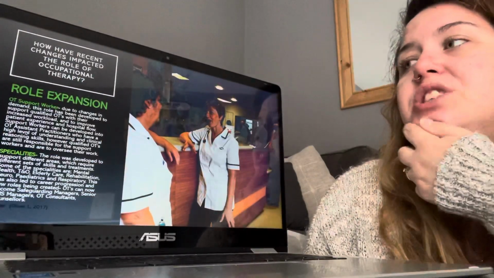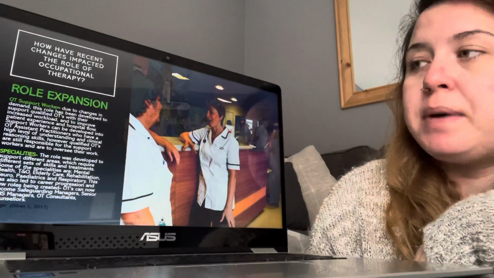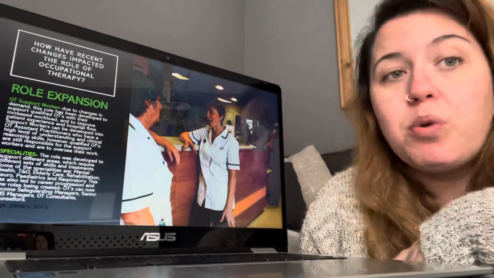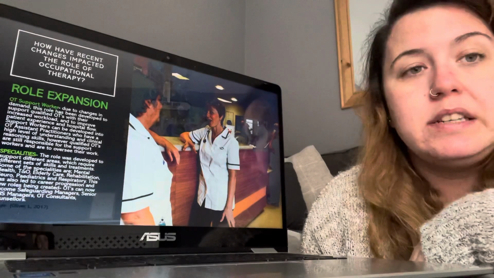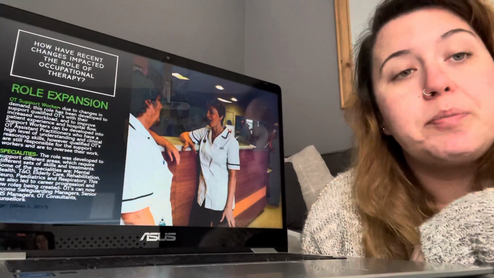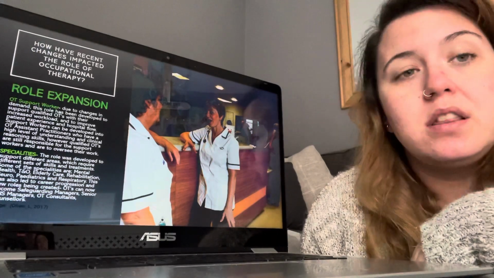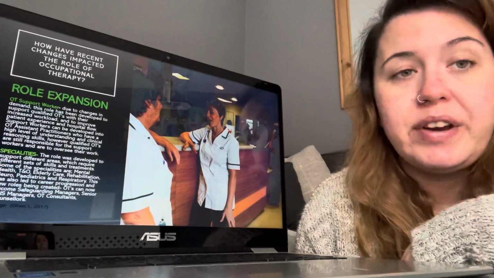So how have the recent changes impacted the role of occupational therapy in terms of role expansion? One of the roles that was developed, which wasn't occupational therapists themselves, was the OT support worker. This role was developed into another position called an OT assistant practitioner, which meant that the support worker had their clinical skills developed and was able to clinically reason through decisions.